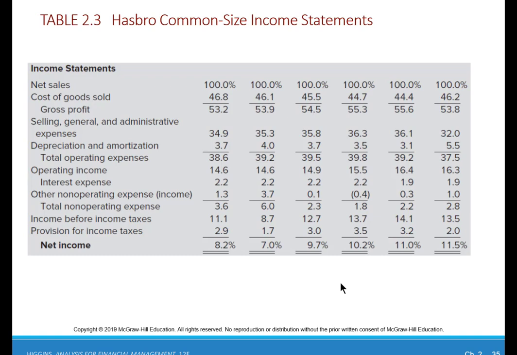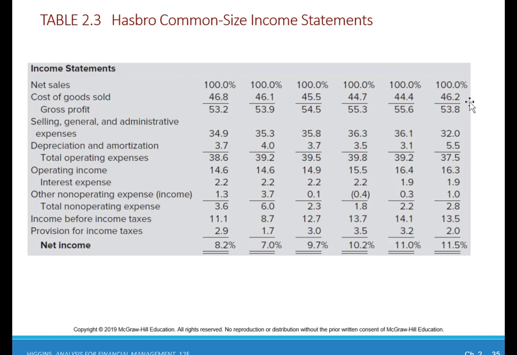What I find typically of students, when you ask them to analyze something, is they would say something like this: well, if you look, cost of goods sold, 46%, 46, 45, 44, 46. Basically, that is their cost of goods sold percentage. Well, that's not really what we want to know.